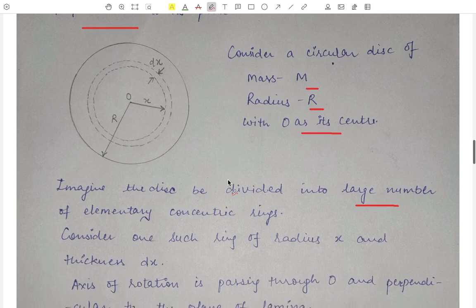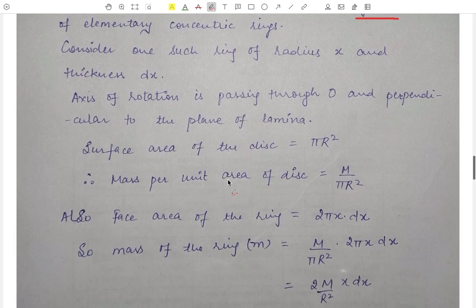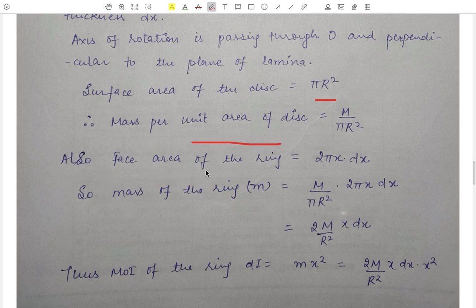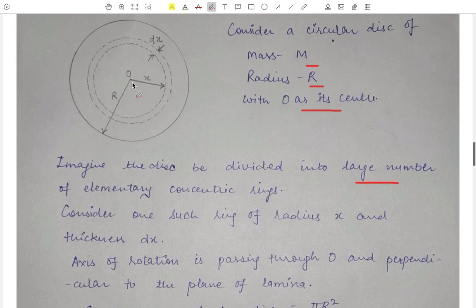Now, how will we do it? We know that the total surface area of the disk is pi r square. Therefore, the mass per unit area of the disk is equal to mass upon area, that is m upon pi r square. And also the surface area of the ring is equal to 2 pi x, that is the circumference, into thickness dx.